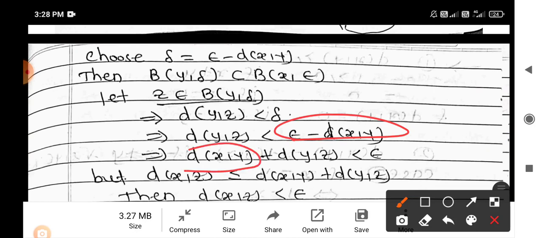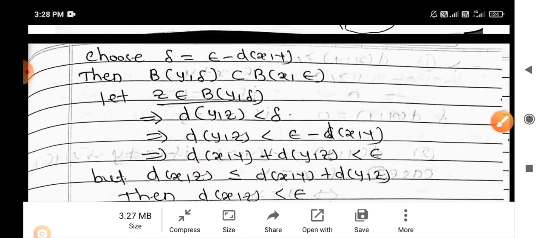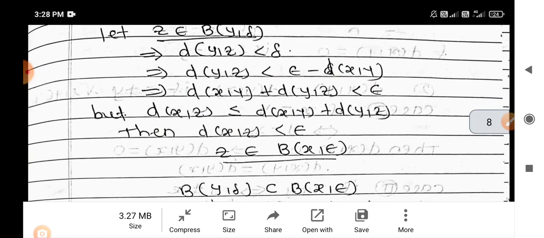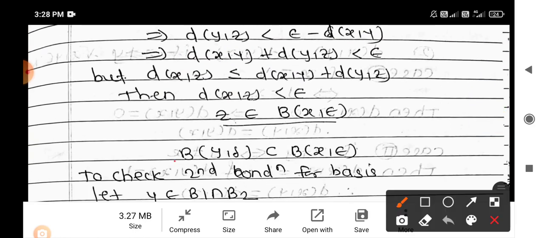Therefore d of xy plus d of yz is less than epsilon. This uses the triangle condition of metric. So d of xz is less than or equal to d of xy plus d of yz, then d of xz is less than epsilon. So z belongs to the open ball of x comma epsilon.